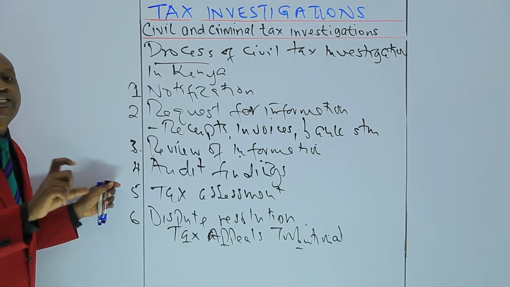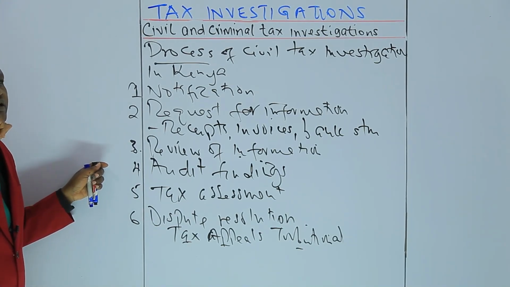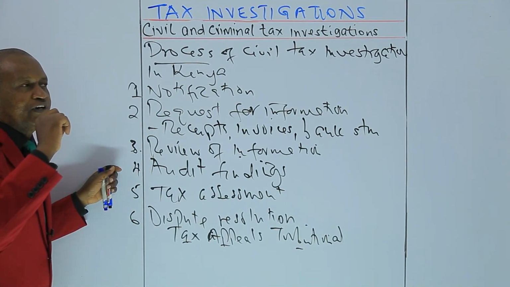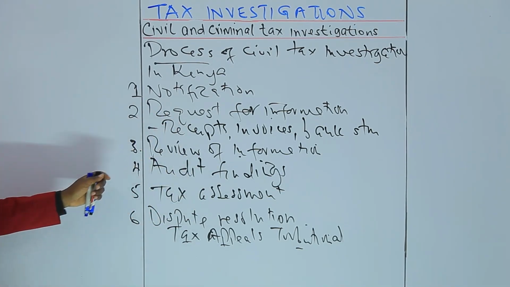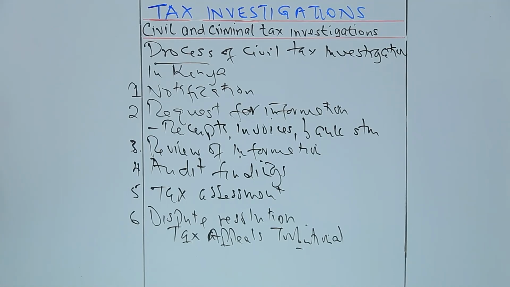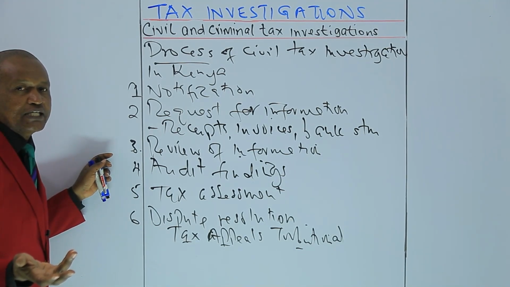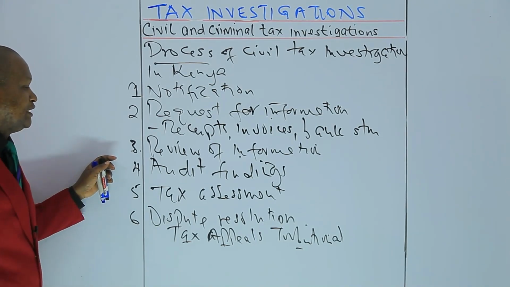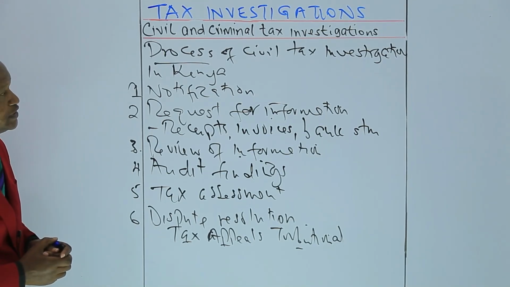Another penalty could be civil damages. Taxpayers who file what we call frivolous tax returns may be liable for civil damages. So those are some of the penalties: back taxes, fraud penalties, then we have civil damages. That's all we can say in relation to civil tax investigations in Kenya.